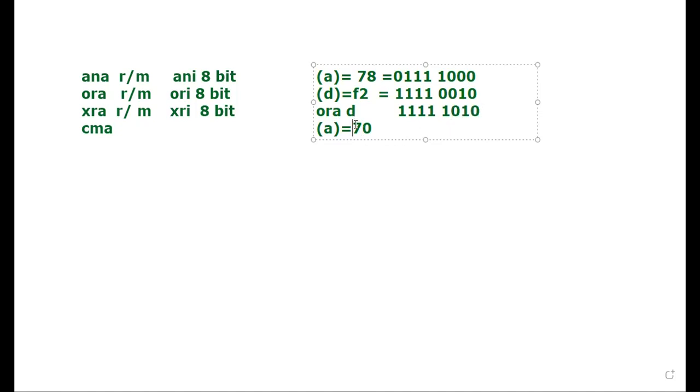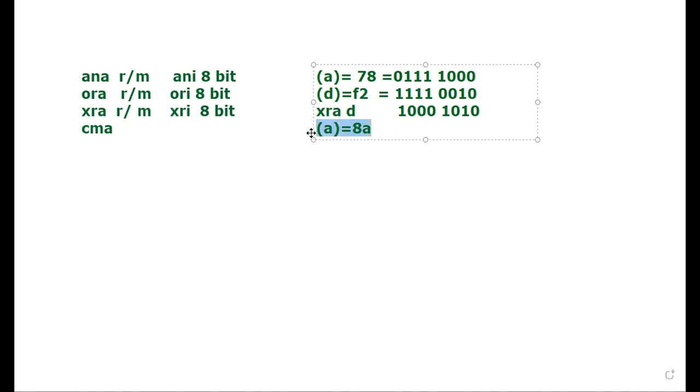So the answer in the accumulator will be FA. Correct? XOR operation: when both the bits are different, only then the output will be 1. So same, same, same, different, same, different, same, so 8A. Sorry, 88. Hexadecimal to binary and binary to hexadecimal conversion, if you get it wrong, then your answer will be wrong.